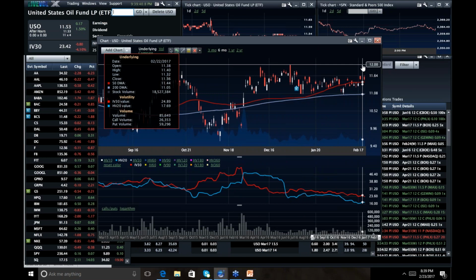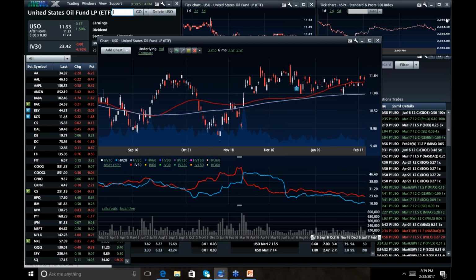Has not closed above 12 in over 6 months. That's a good looking butterfly. I may actually put that on the strategy letter. So let's talk about this 47-cent one because I actually think I like that better. If I start with a 47-cent credit, I'm looking to make about 20 or 25 cents. With a $0.34 credit, probably 15 to 17.